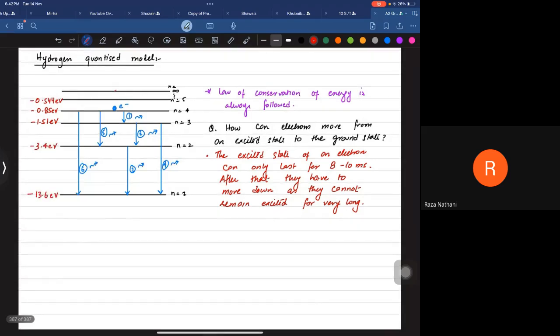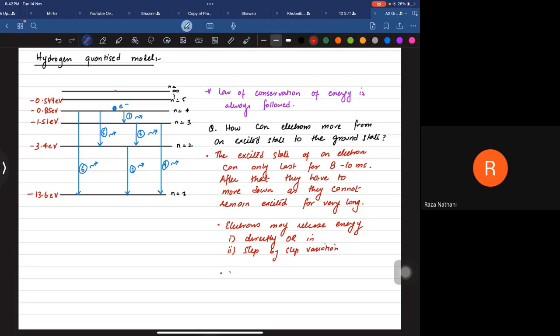Now, kids, I just want to tell you that electrons may release energy, number one, directly, or in step by step variation, which means they can jump from one level to another and then another, or they can jump directly from where they are to the ground state.